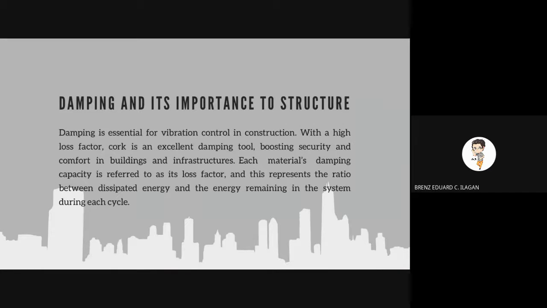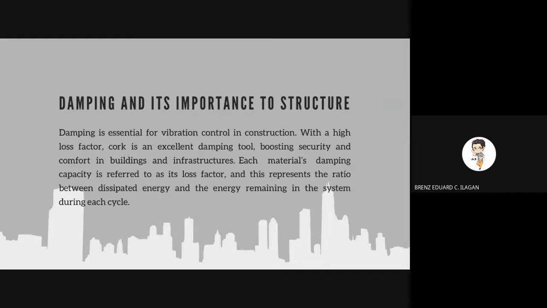Damping and its importance. Damping is essential for vibration control in construction. With a high loss factor, cork is an excellent damping tool, boosting security and comfort in buildings and infrastructures. Each material's damping capacity is referred to as its loss factor, and this represents the ratio between dissipated energy and the energy remaining in the system during each cycle.